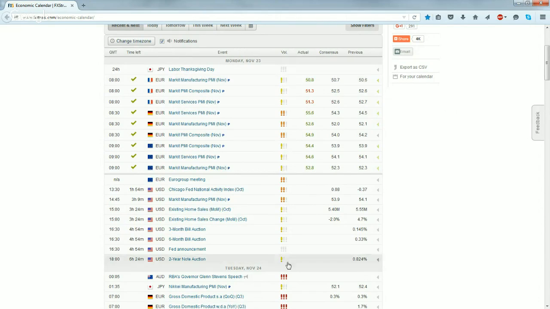More importantly, I think, is this indicator in the middle that highlights the volatility of the economic release. Just because we've got all of these economic releases doesn't mean that nothing can happen outside these forecasted data points. We can get what we call news bombs.